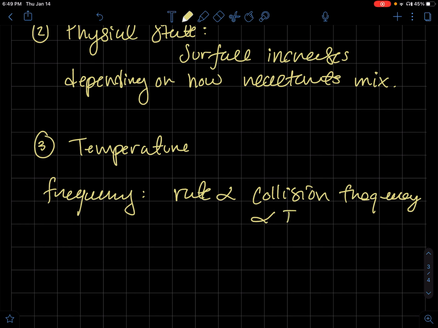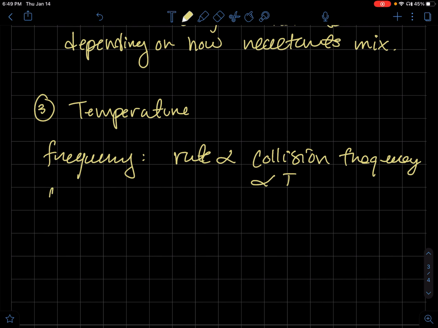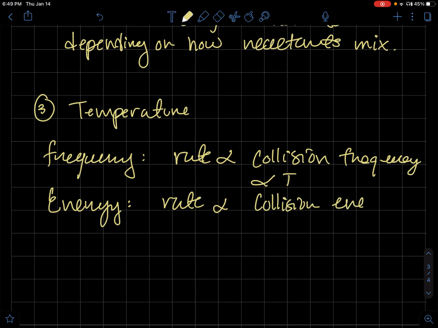As molecules move around, they release kinetic energy as temperature. We can also talk about energy, so the collision energy, which is directly proportional to the temperature as well.